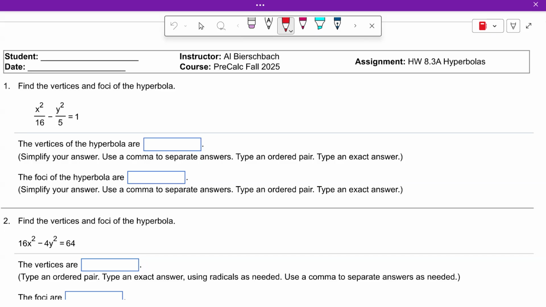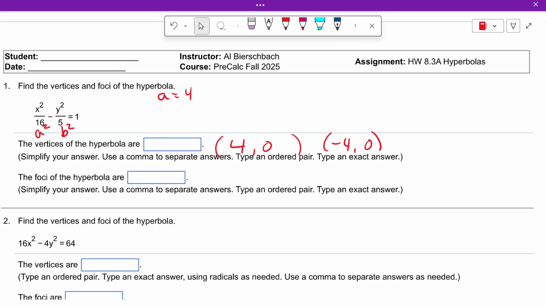So when x is positive for a hyperbola, we have the first column, where the vertices are at h plus a. So the vertices of this hyperbola are at (4, 0) and (-4, 0), because this is a squared and this is b squared.